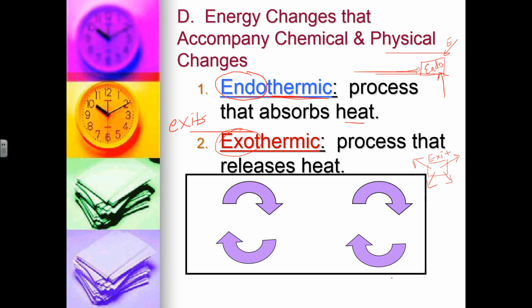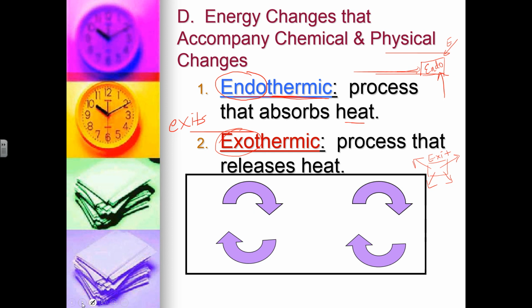It would feel warm to the touch, because if the energy is exiting the system and you put your hand on it, it would be going into your hand. If you were to touch a container in which an endothermic process was occurring, it would feel cool to the touch, because it would literally pull the heat out of your hand into the system. And if it pulls the heat away from your hand, it's going to feel cool to the touch.